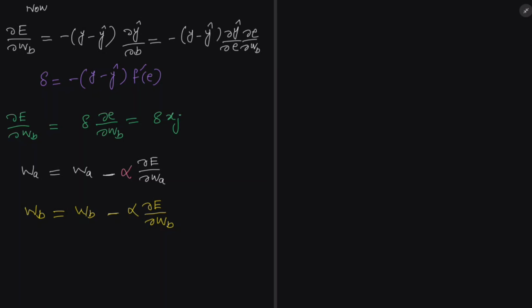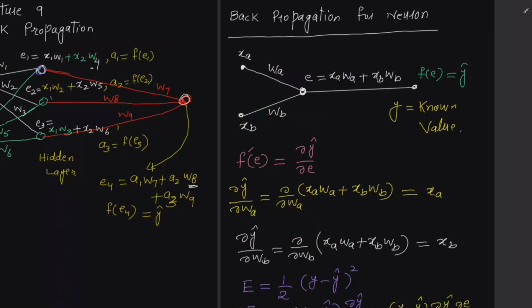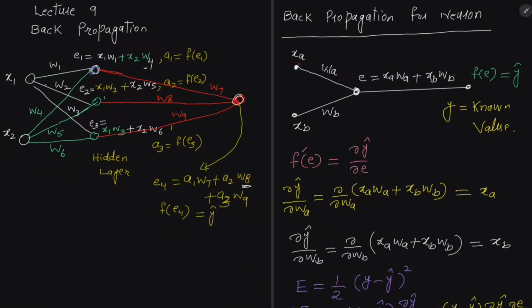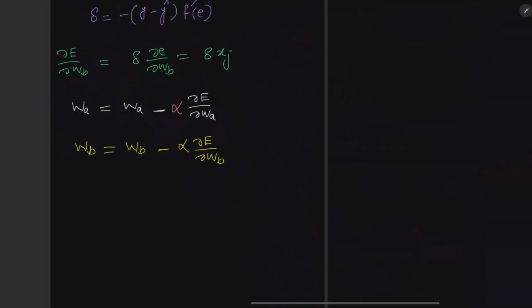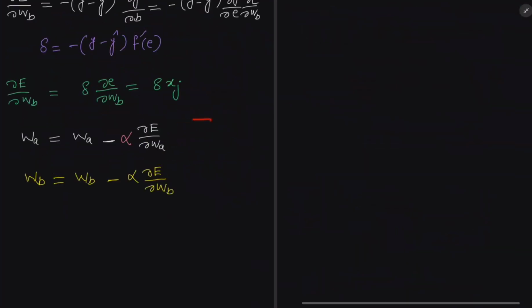So this was all about the back propagation only for one input layer with two inputs, and there is only one output. That's what we discussed over here. So we reached at this stage.